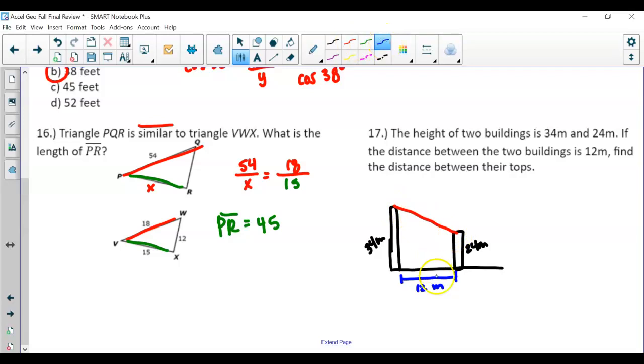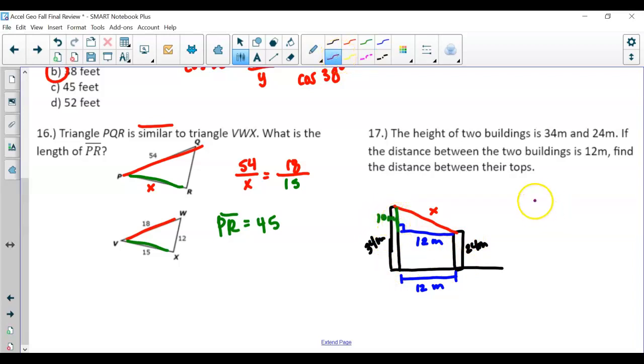So if I were to bring this distance up, notice you created a right triangle. This is 12 meters. We're looking for the distance. We'll call that X. Now, technically, do we know what this section here is? Yes, because this is 34 and this is 24. So the difference is 10 meters.